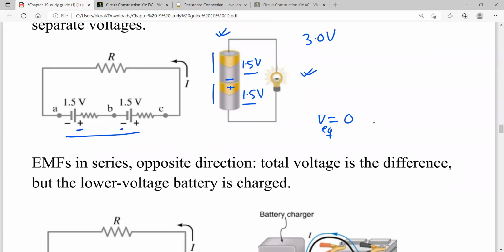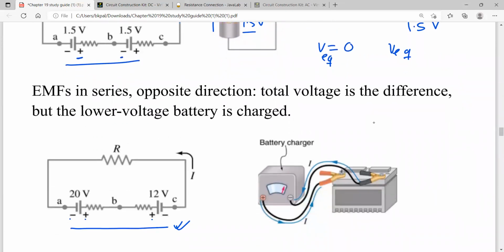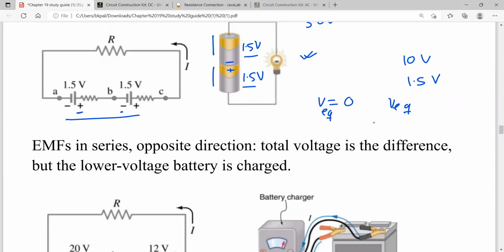But for example, if one battery's potential difference is 10 volt and another is 1.5 volt, and you connect them in the opposite direction, something like this, then the equivalent EMF will be 8.5 volt.